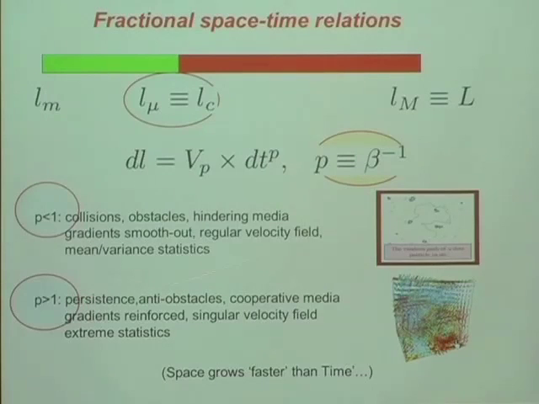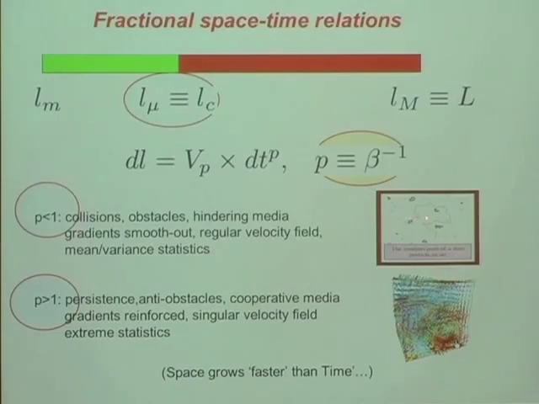So that means that the trajectory of the particle is over-persistent. So you are moving faster than advection. And in this case, in fact, the velocity, as you see, is not well defined.